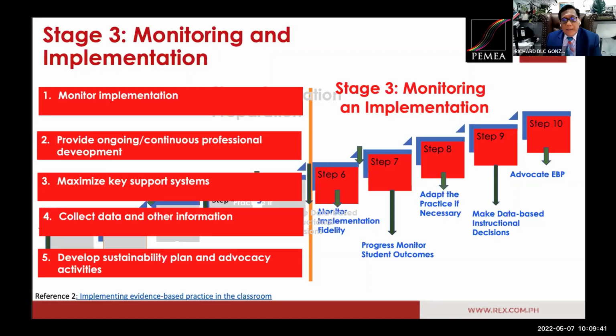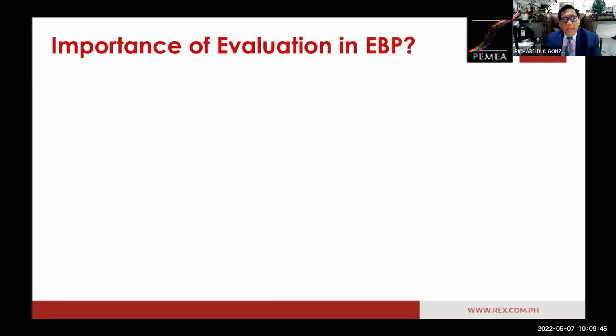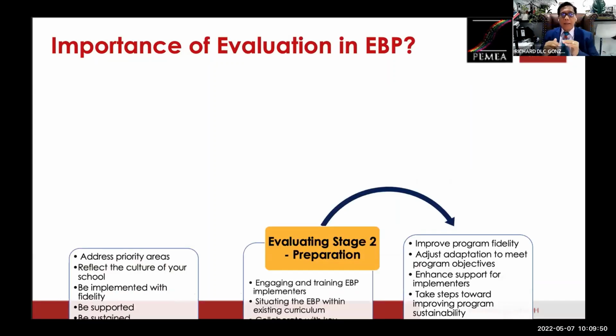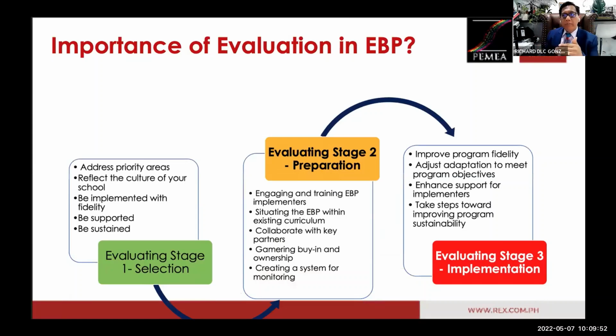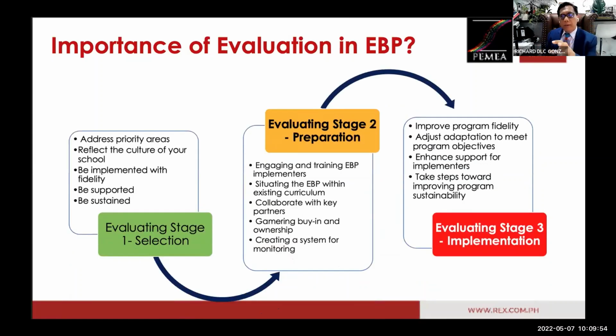The next one is the importance of evaluation in EBP. As you move your EBP from selection to preparation and implementation stage, it is essential that you provide frequent, relevant data about the progress at each stage.